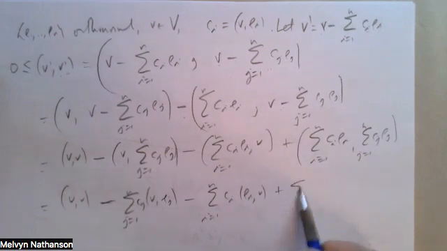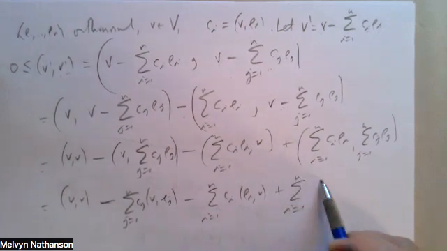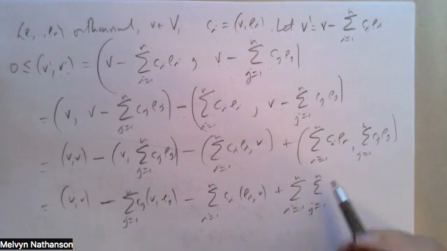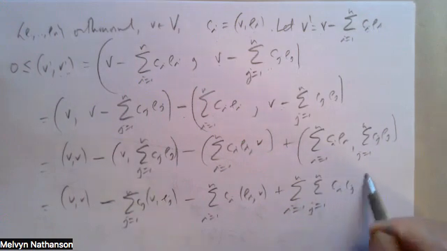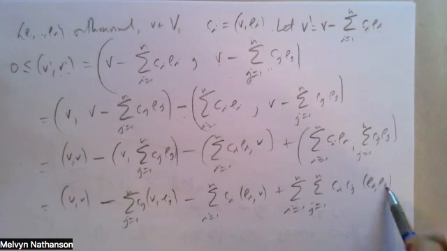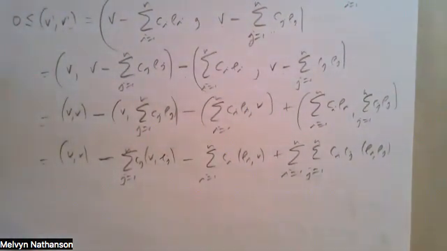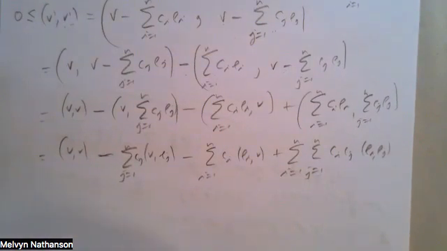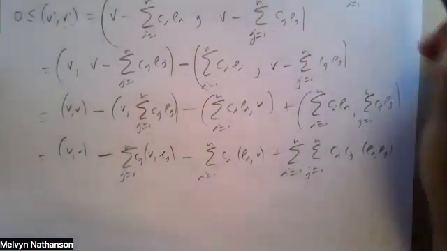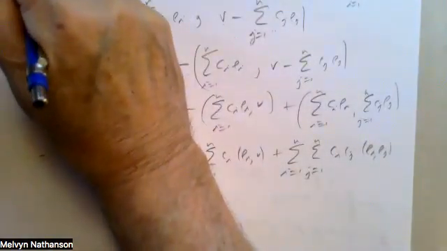Plus now I have a double sum, i goes from 1 to n, j goes from 1 to n, ci cj Ei Ej. That's what I have. If you're following in the book, this is on page 290.